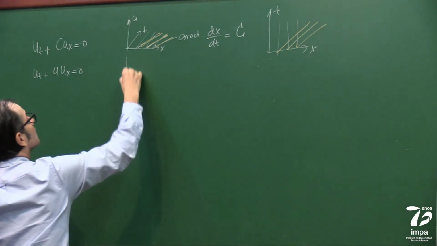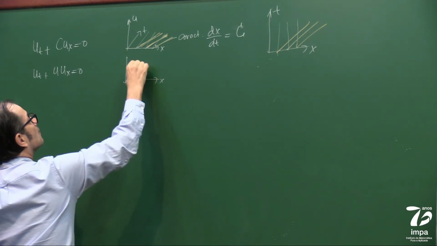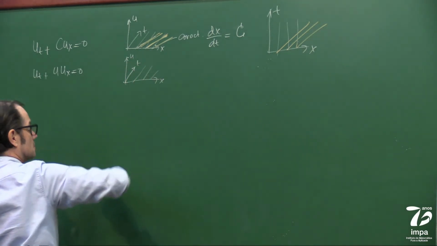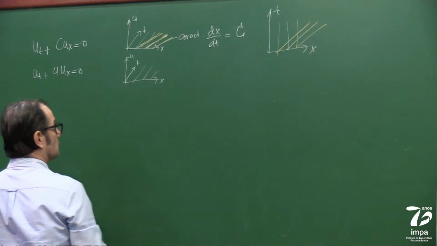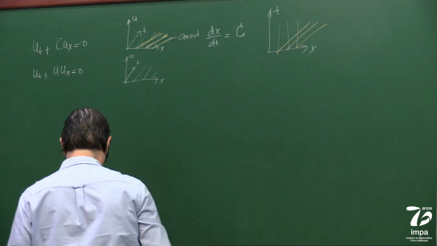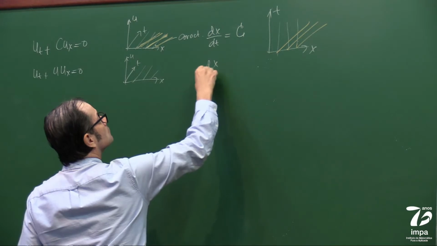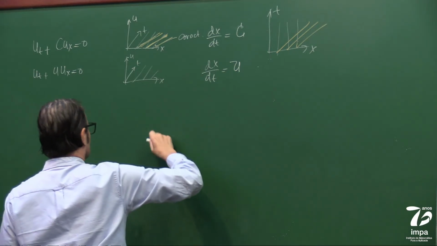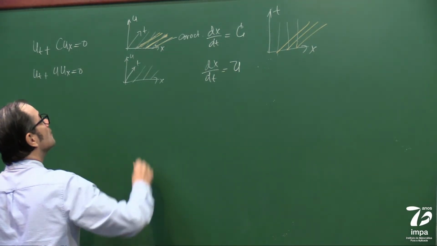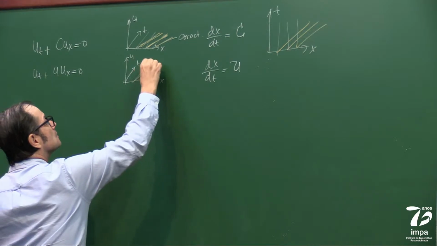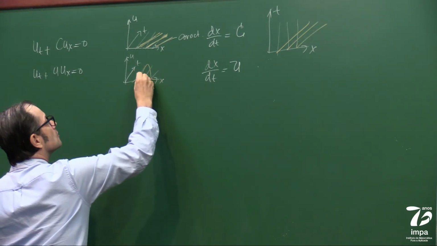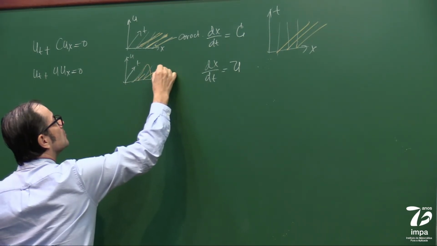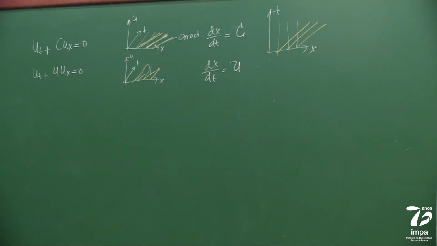And then here it depends on the initial data. So let me put it like this. If my initial wave is something like this, here it's going to go like this, here it's going to go like this, here it's going to go like this, and maybe we might have a shock.